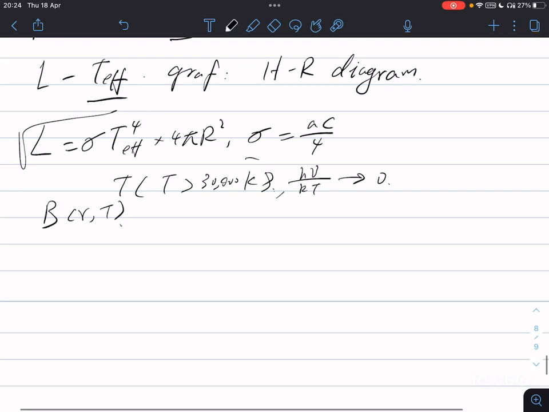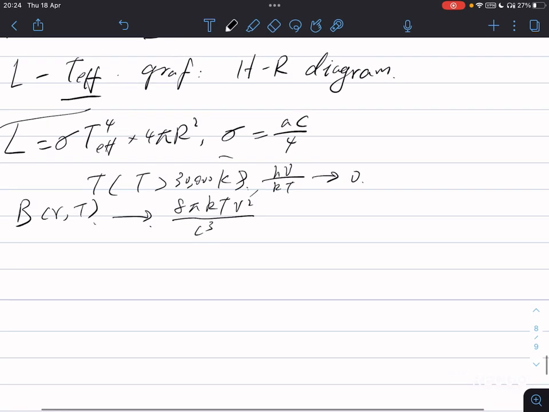At this limit, the Planck distribution will tend to 8 pi k T nu squared over c cubed, proportional to the square of the frequency when the temperature is fixed. And this equation is just Rayleigh-Jeans law.